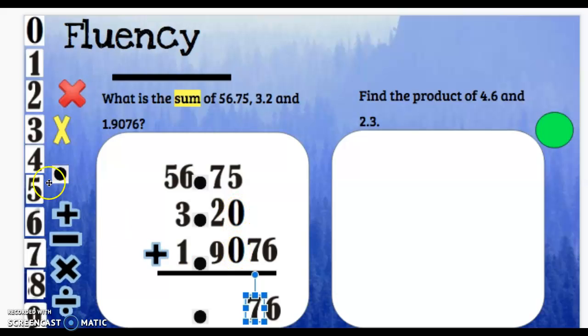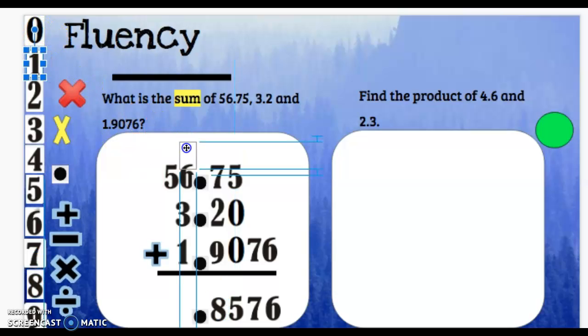5 plus 0 is 5. 9 plus 2 is 11. 11 plus 7 is 18. Then you have 1 plus 3. 1 plus 3 is 4. 4 plus 6 is 10. 10 plus 1 is 11.